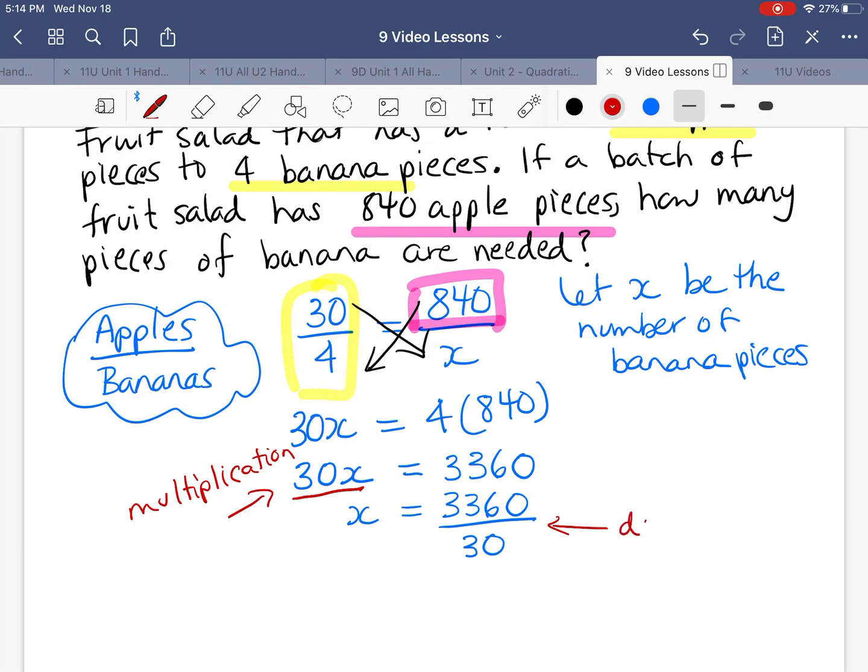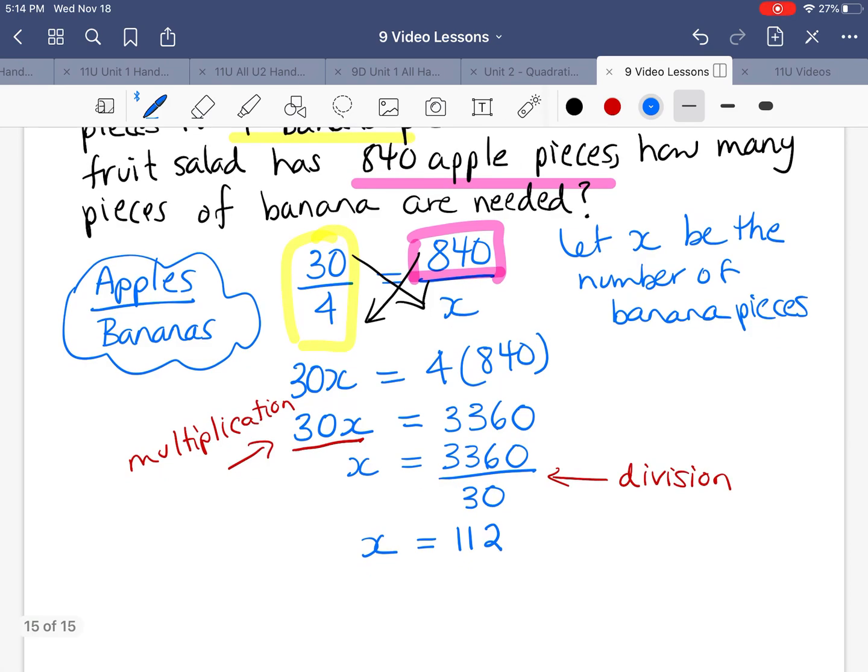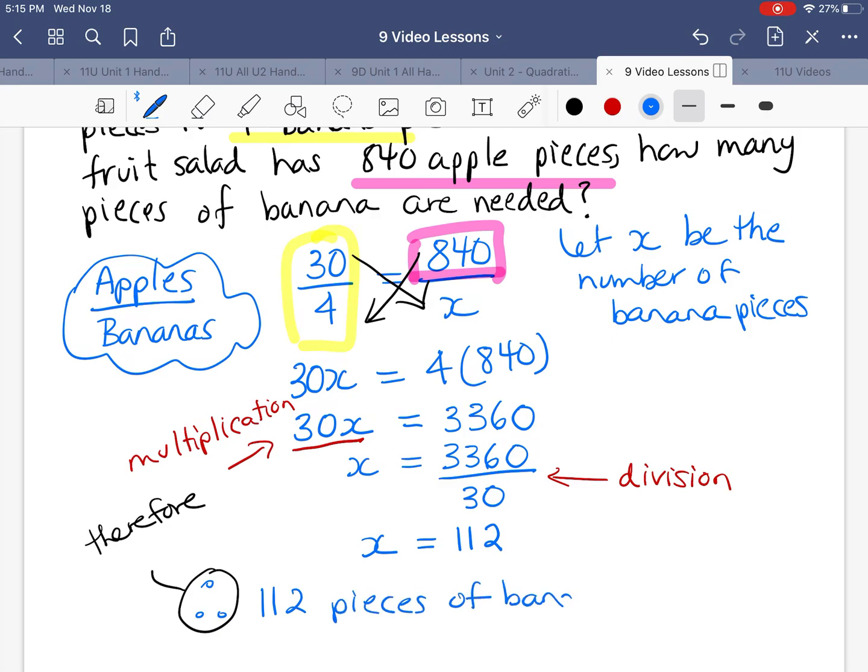So instead of multiplying by 30, we are now going to divide by 30. And this way, we can figure out how many pieces of banana we need, which is going to be 112. Since we're doing a word problem, we want to summarize. So I'm going to use the therefore symbol, which you may or may not have seen before. So therefore, 112 pieces of banana are needed.